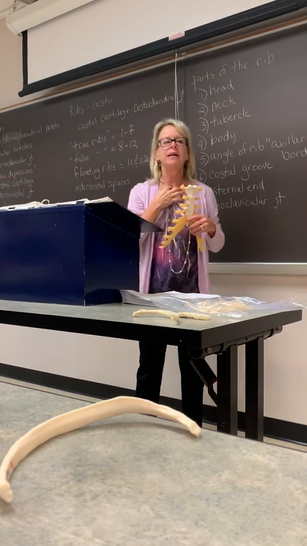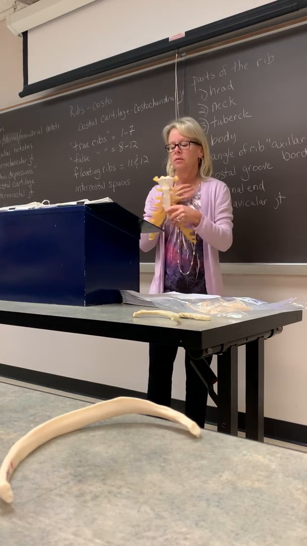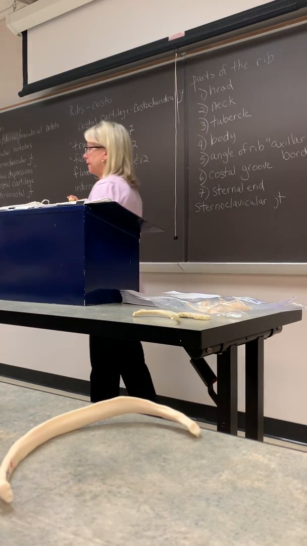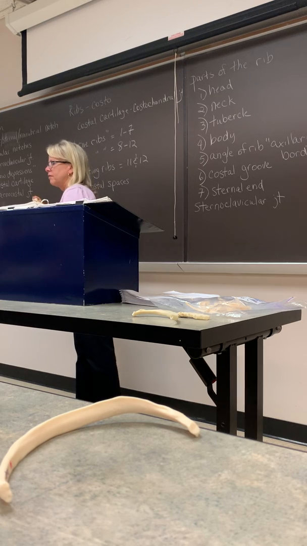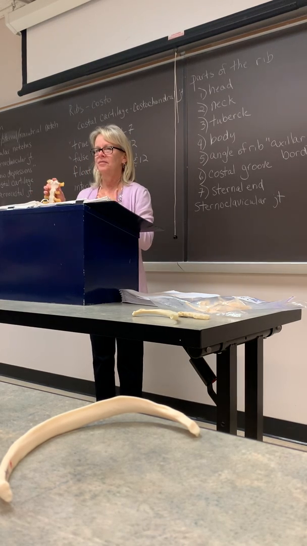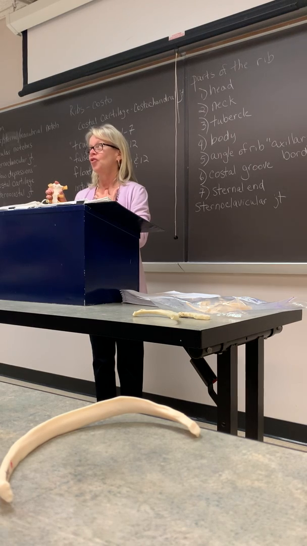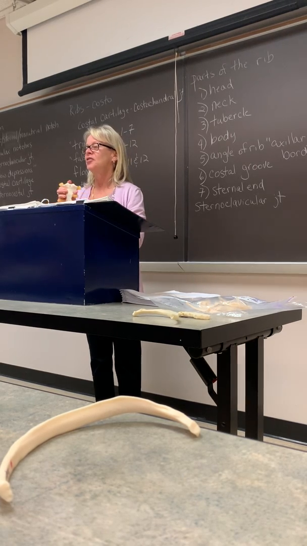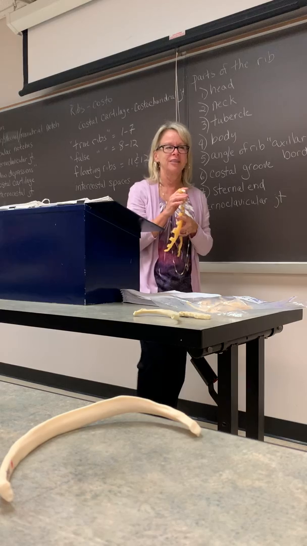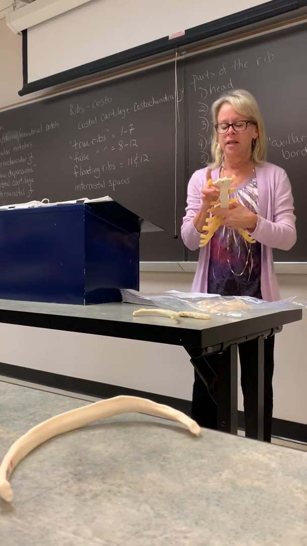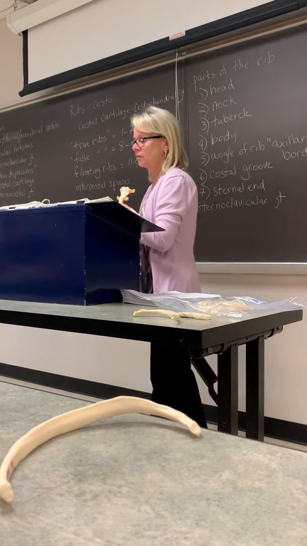It can be palpated. You guys remember what level it sits at? That was a long time ago, wasn't it? T2, T3, close. T2, T3 is the level it sits at.